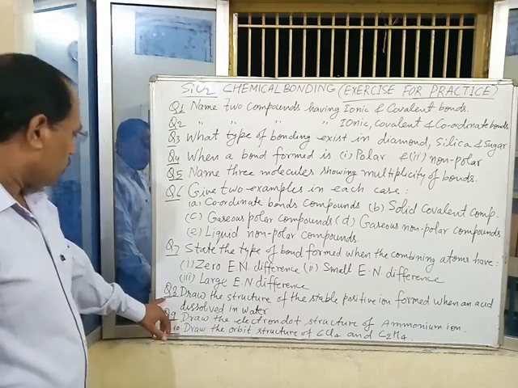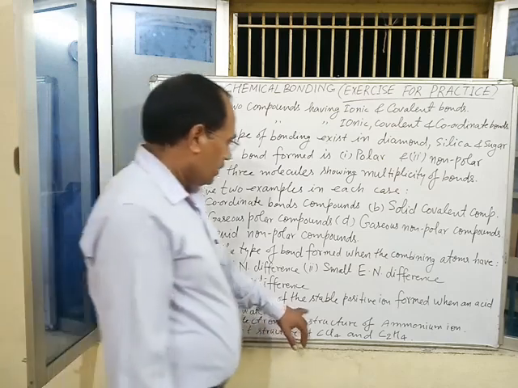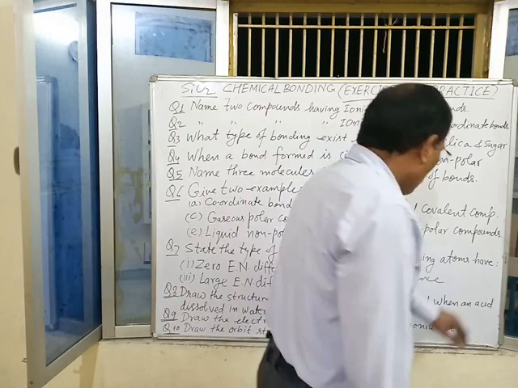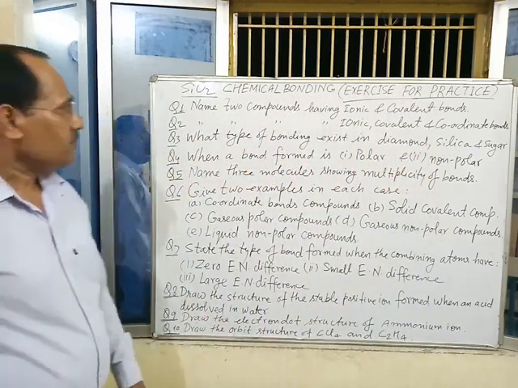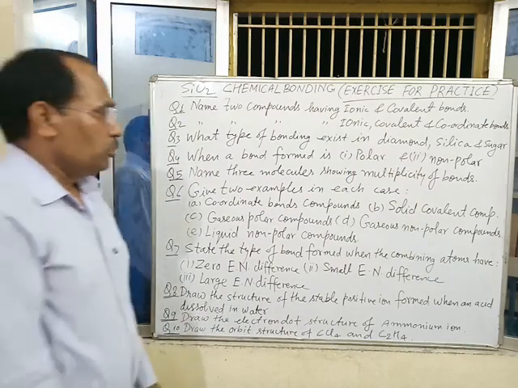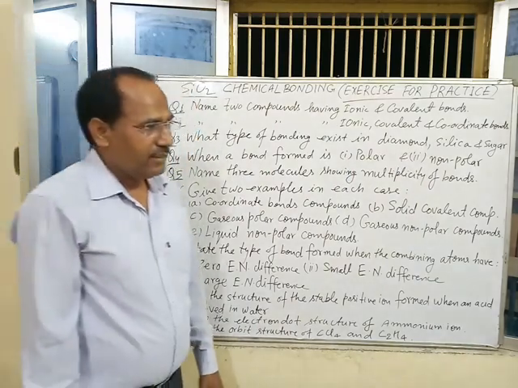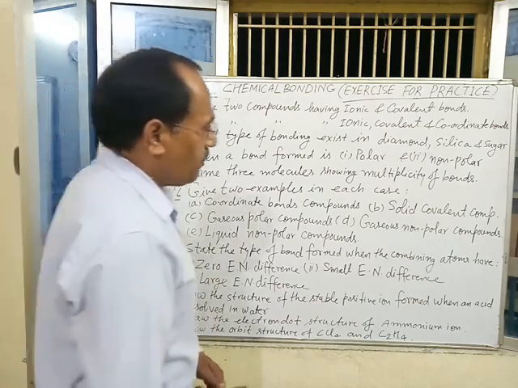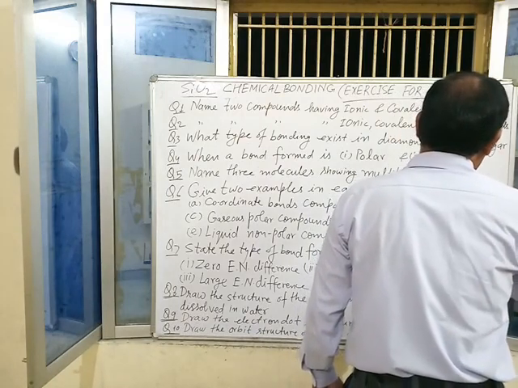Last, the eighth question. Draw the structure of the stable positive ion formed when an acid is dissolved in water. When an acid is dissolved in water, which ion is formed? Hydronium ion, H3O plus.